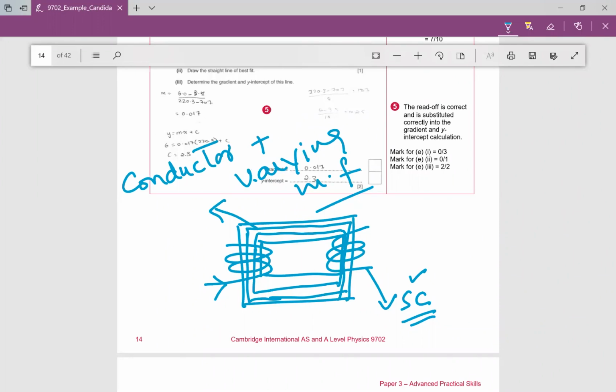So when you have a conductor in a varying magnetic field, according to Faraday's law of electromagnetic induction, some current is induced.